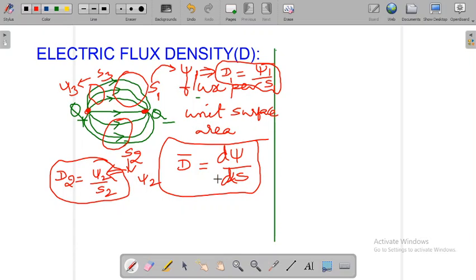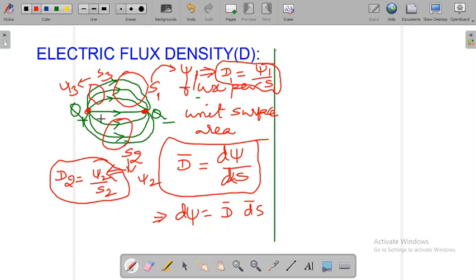From this equation, we know that dS is also a vector. But what about this psi? Psi is due to charge, a scalar quantity.